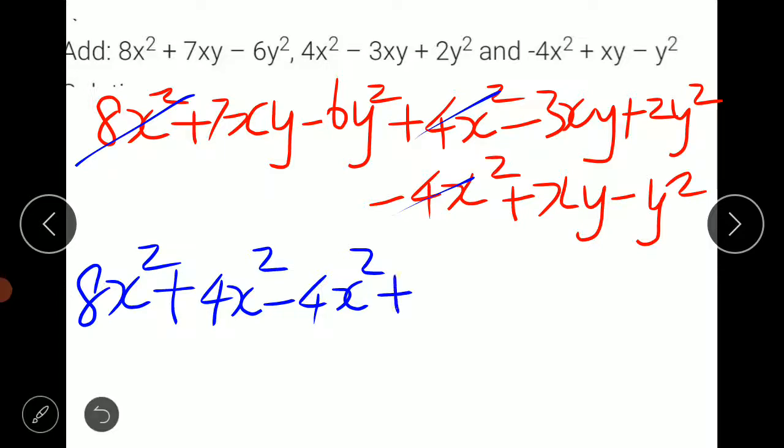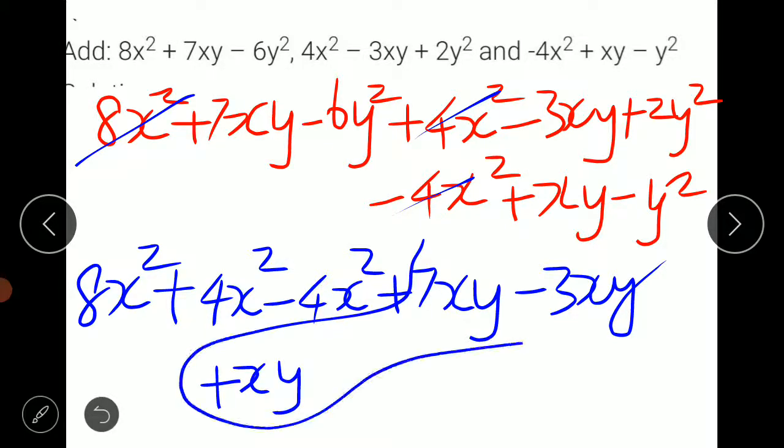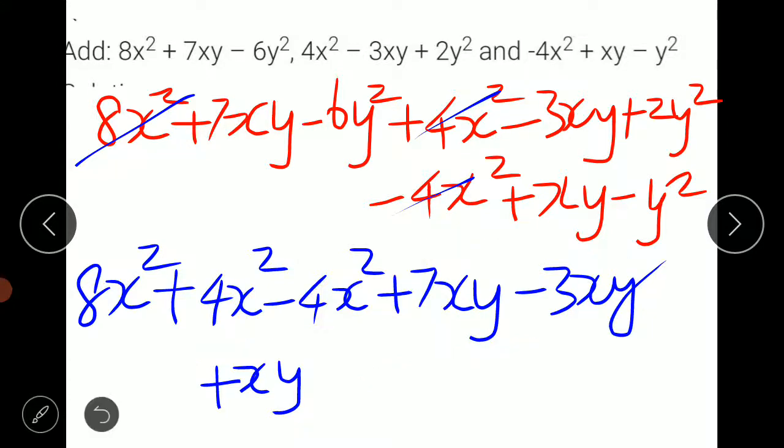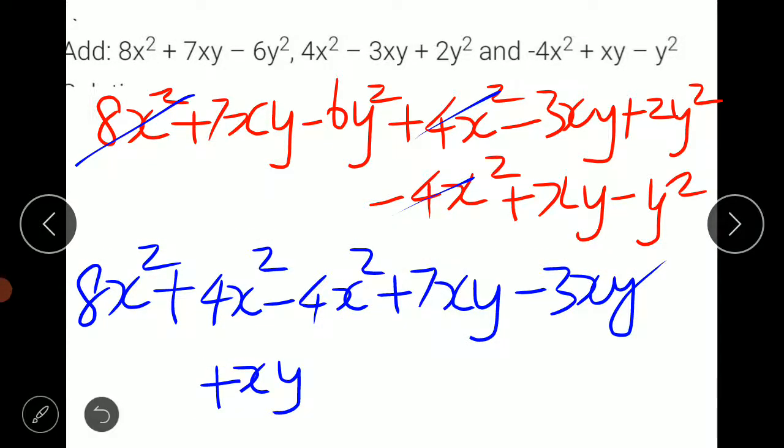So plus 7xy, next xy term minus 3xy plus xy plus xy. See, these are one group. Like term, xy terms, these are x square terms and these are xy terms. Okay, so now xy term also we picked up.